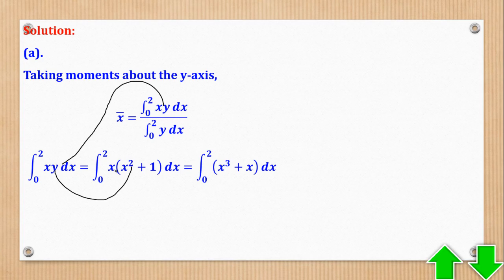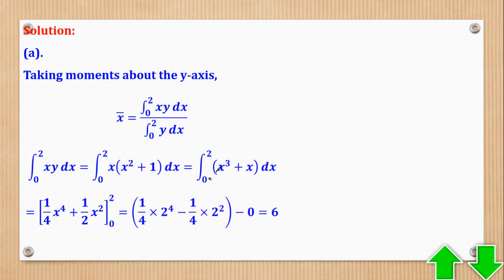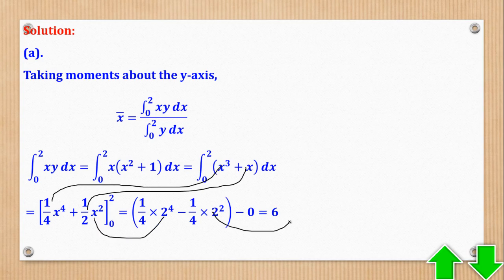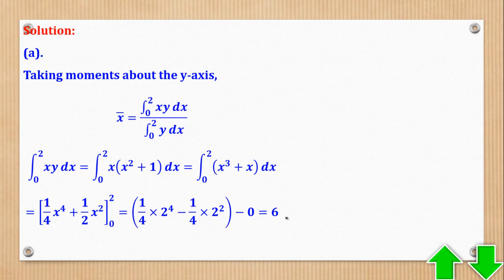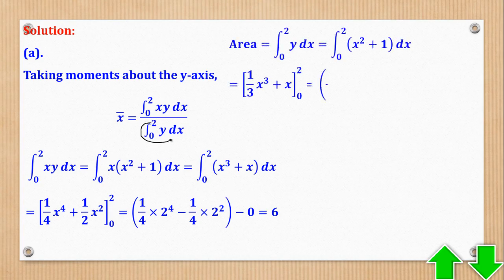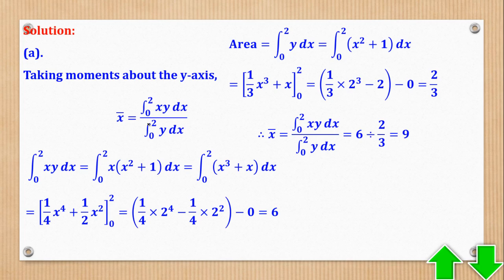Substitute for y or expand, then integrate, then substitute the limits and get the output. Then the area is given by that; integrate, substitute limits and get the output. Now that I have this and this, next is to divide and get what they wanted.